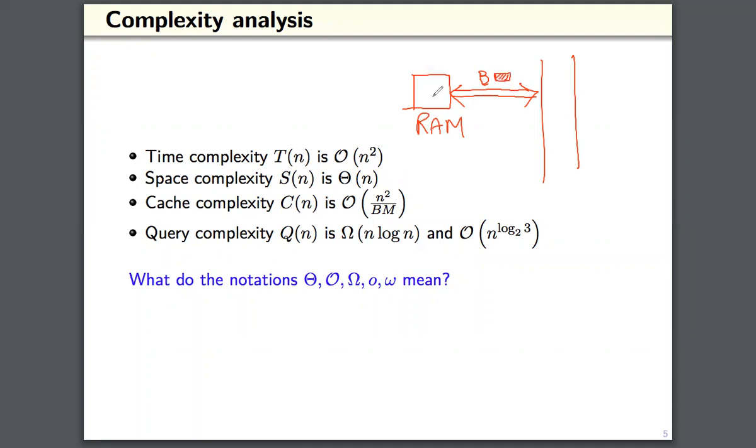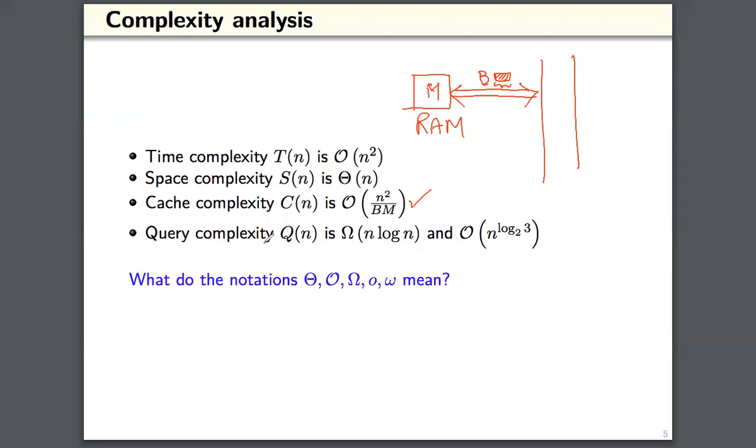Okay. Next, suppose this is the RAM size M. Then the total number of block transfers will be this. That is the cache complexity. The total number of these block transfers, right? Or it is also called IO transfers. It is also called page faults, right?